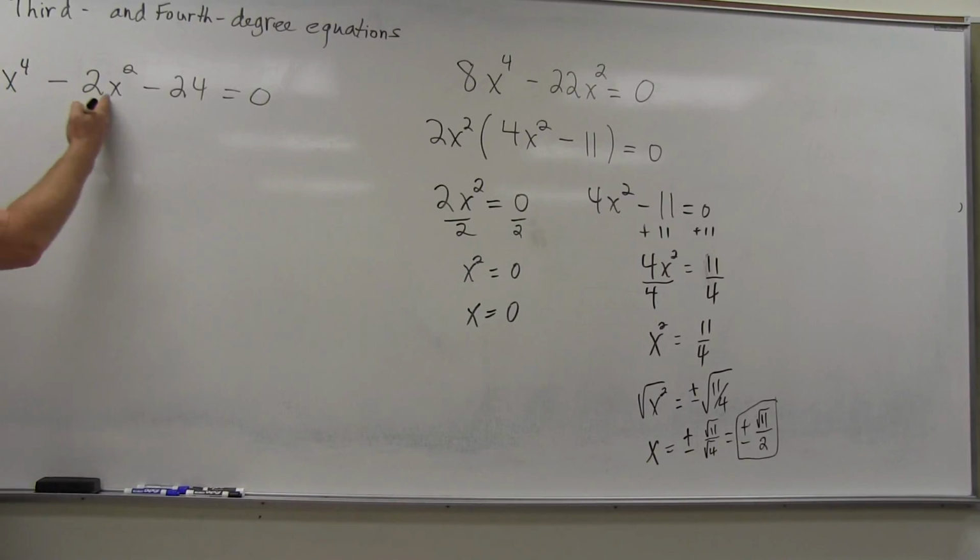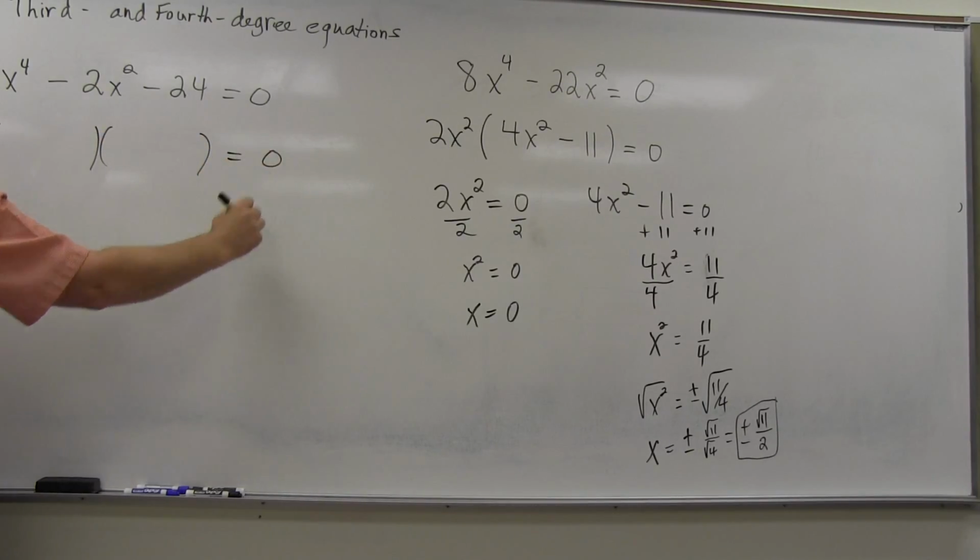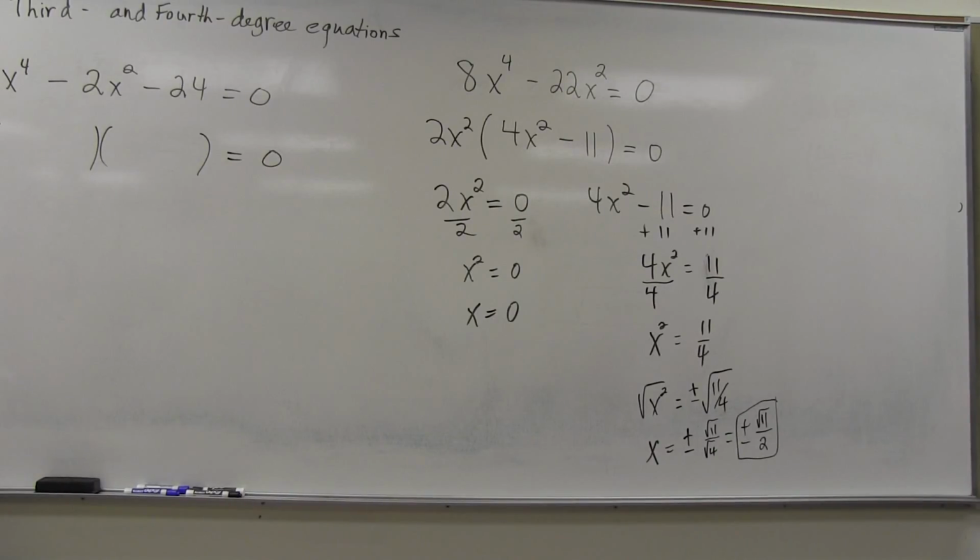The way I look at it, I've got a trinomial, and one way I look at, besides common factor, is breaking that down into two binomials, the parentheses there. Even though it's x to the fourth, those can be broken down very similar to if I had an x squared there.